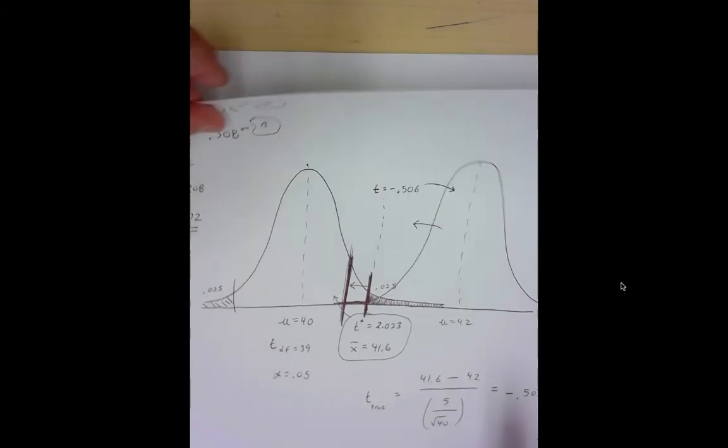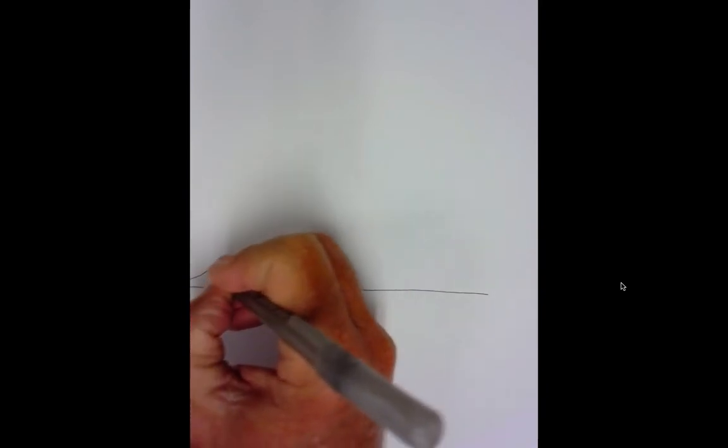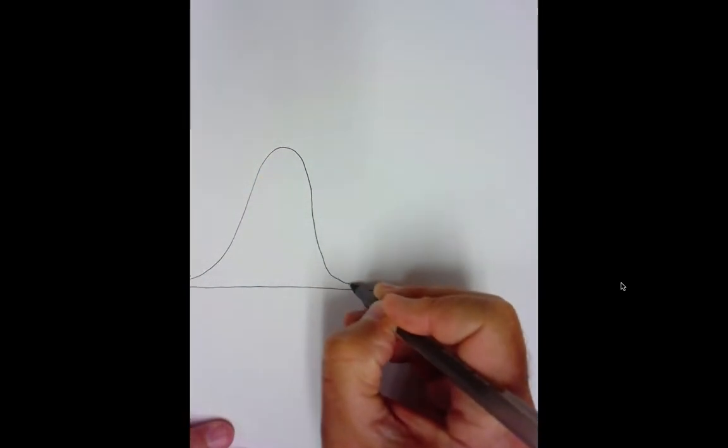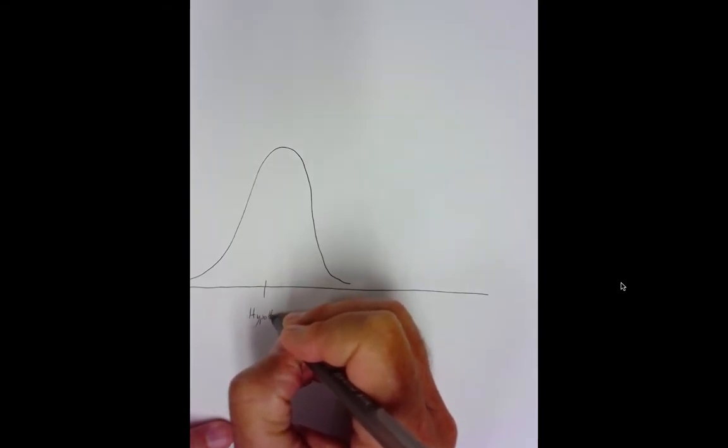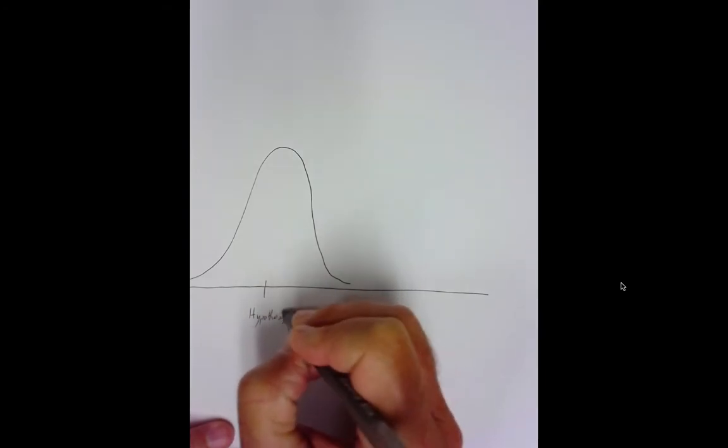Now, the final question that I have here is provide a sketch of the two distributions and shade the area that correspond to a type 1, type 2, and the power. So essentially what I've got is I've got this one distribution that is hypothesized.